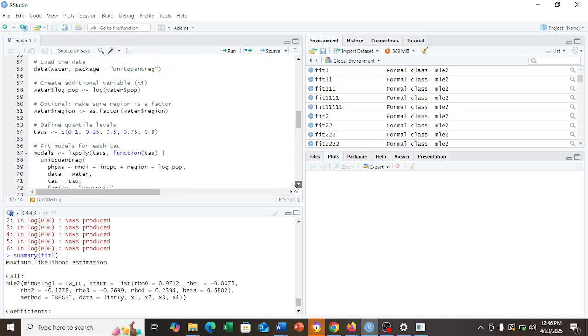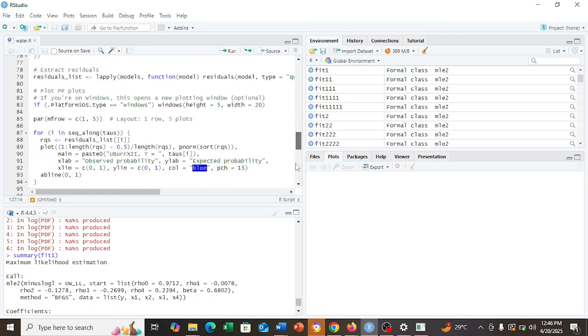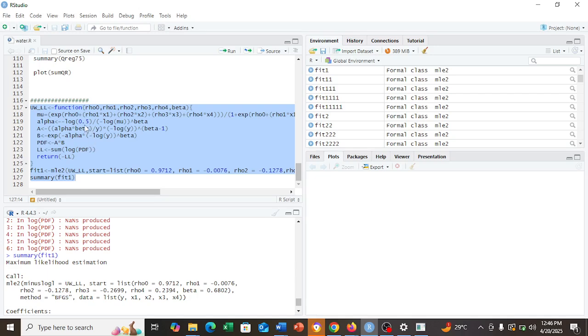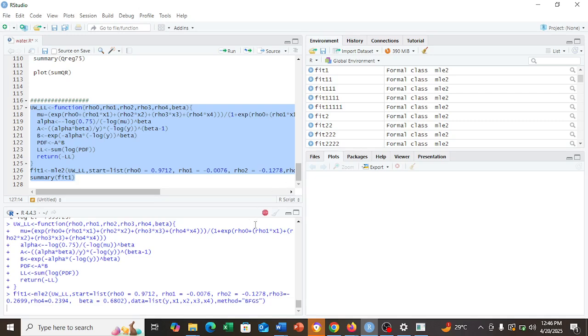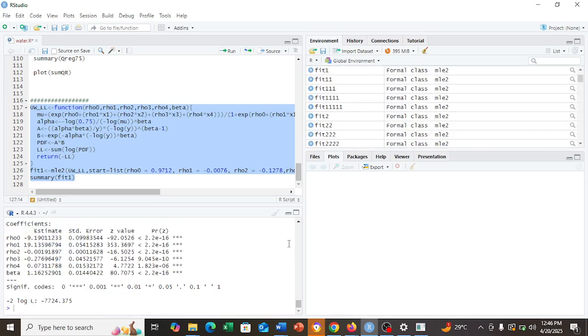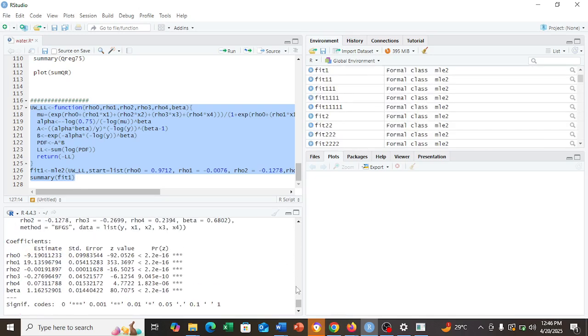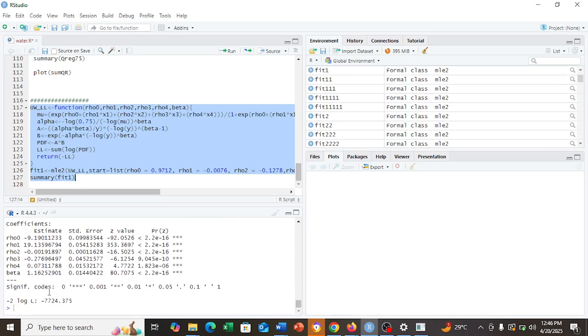Okay, I mean, we're talking about the third way of running quantile regression. So if I change this to 75th and I run, my output will give me the 75th. So you see here at the 75th quantile, the -2 log likelihood is -7724.